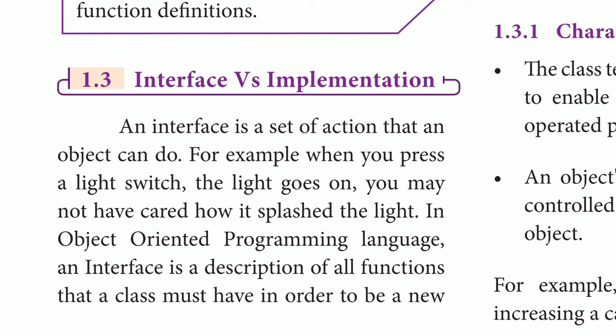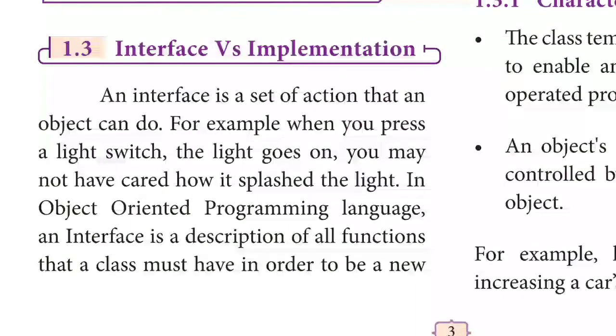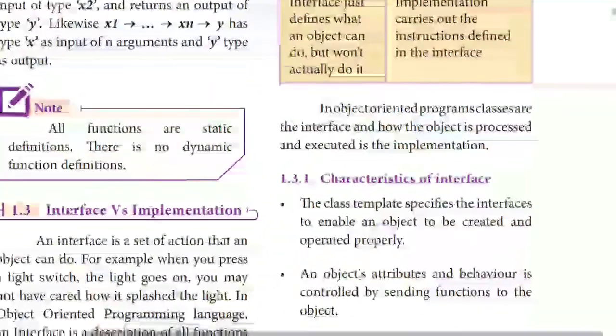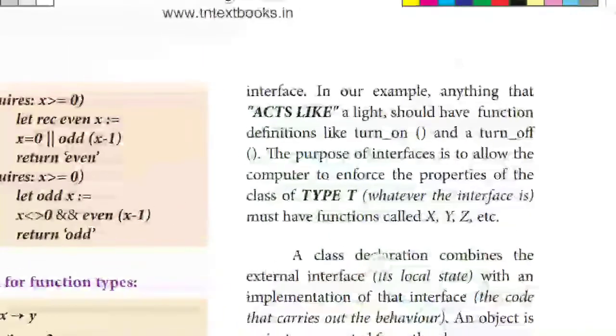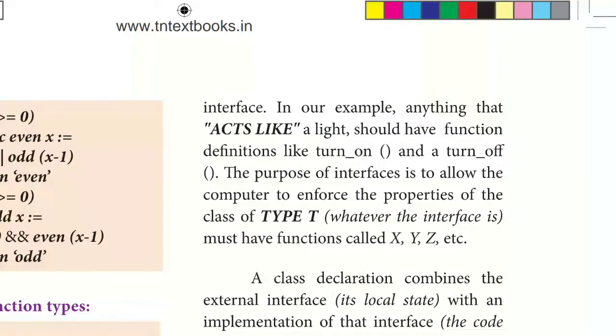In an object-oriented programming language, the interface is the description of all the functions that a class must have in order to be a new interface. For example, anything that acts like a light should have the function definitions light turn on and turn off.